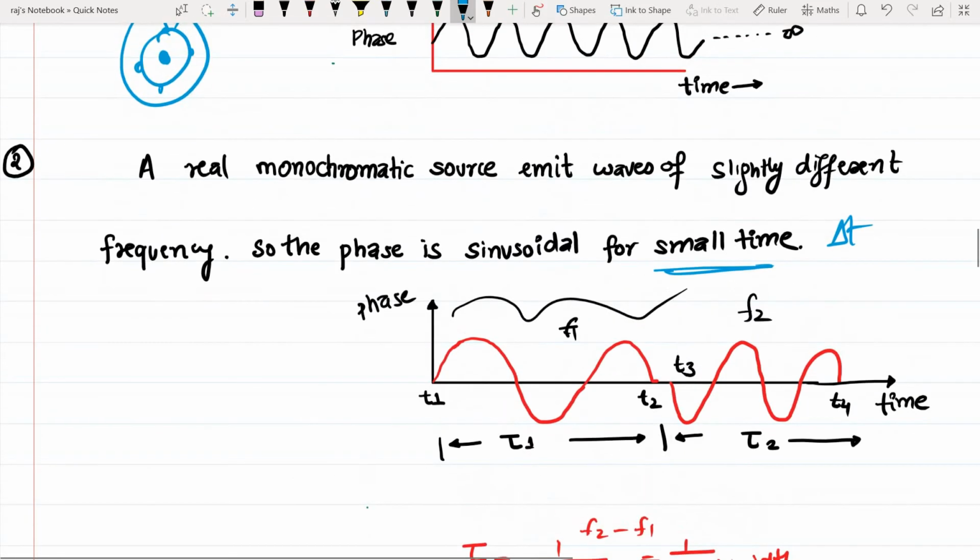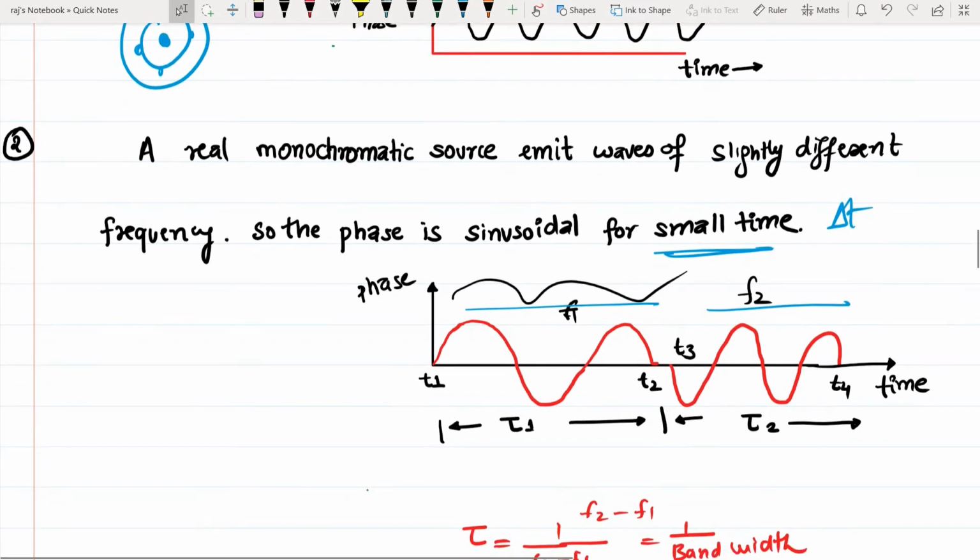Suppose this wave is sinusoidal over this period and this one over this period. Say this wave's frequency is f1 and this wave's frequency is f2. To define the bandwidth, you take the difference between these two frequencies, or df.